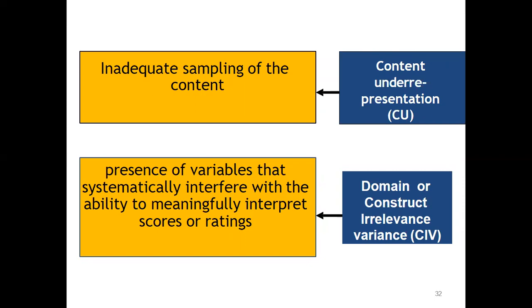Inshallah, these will be discussed in detail in the next session, about what we mean by content underrepresentation, which is the CU, and what construct irrelevance is. Simply, we will have a brief discussion of these two, and then we will discuss them in detail in the next session.